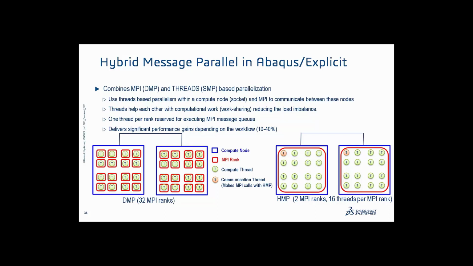Right. So the original implementation was DMP, and that's basically shown on the left here, where here is an example of a single compute node with 16 cores, and another one with 16 cores. So we've got 32 instances of explicit.exe running total, and they're all communicating with each other via MPI.